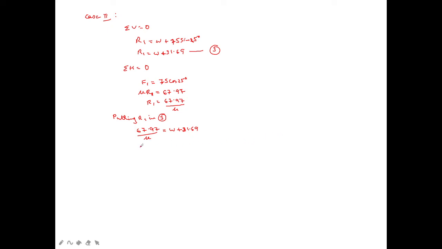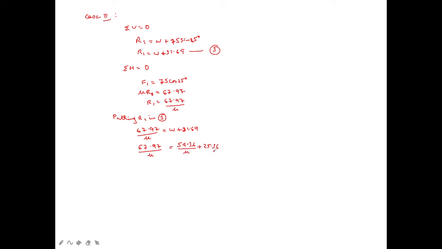What we'll get: 67.97 upon mu is equal to 54.36 upon mu plus 25.36.